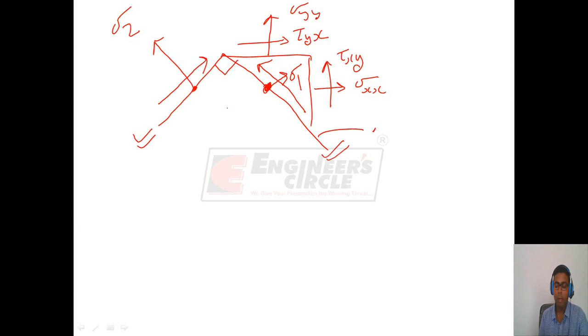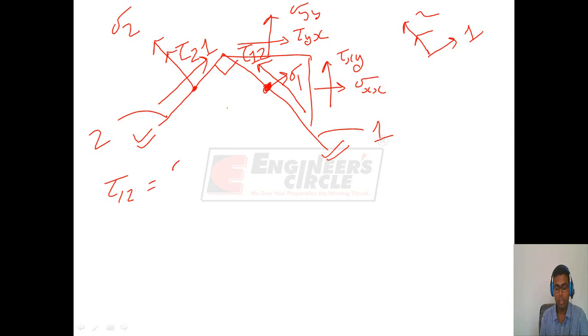If we designate this plane by 1 and this plane by 2, that is, we call this direction as 1 and this direction as 2, I can write the shear stress on this plane will be tau 1 2, that is stress acting on plane 1 in 2 direction, and the shear stress on this plane will be the shear stress acting on 2 plane, because its outward normal is in 2 direction, the shear stress acting on 2 plane in 1 direction. So I want to find out tau 1 2, that is shear stress on principal planes.